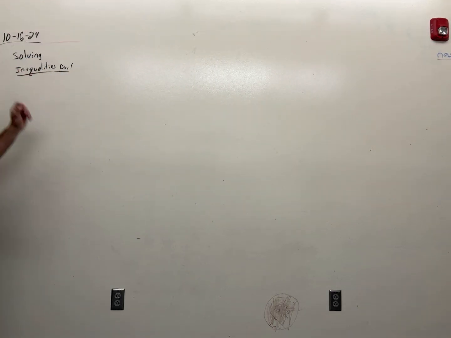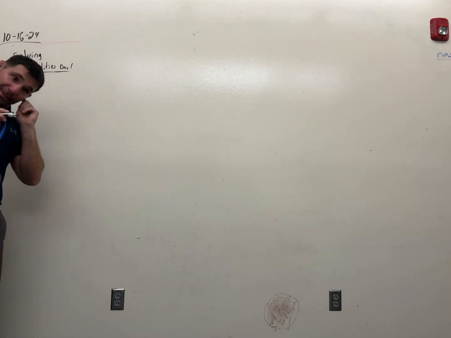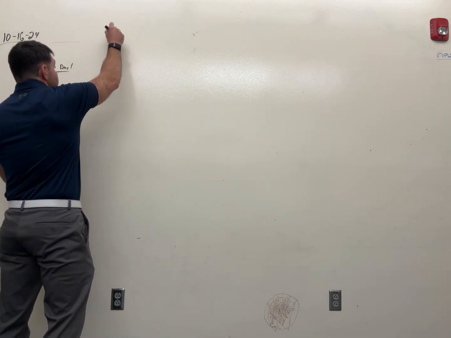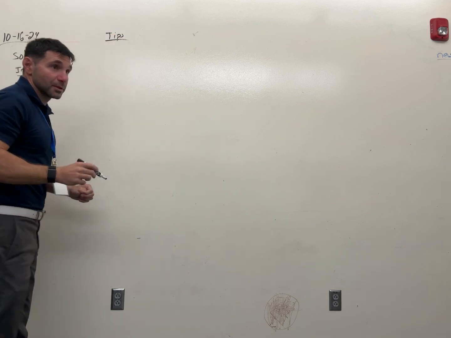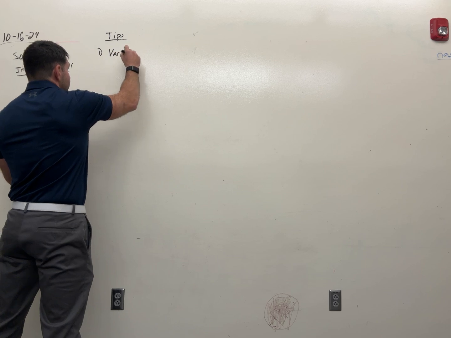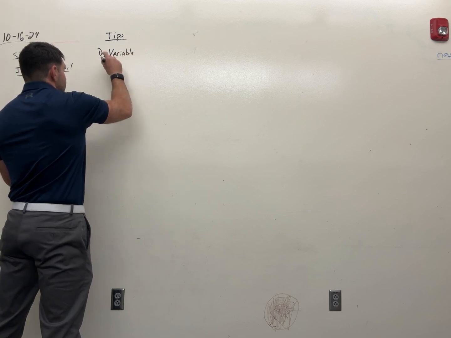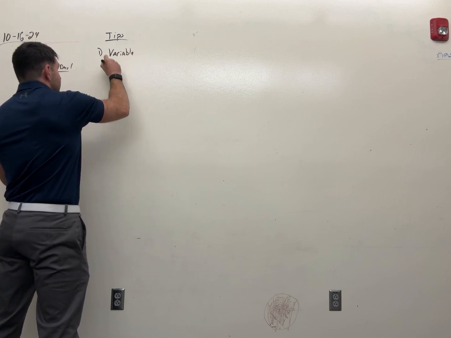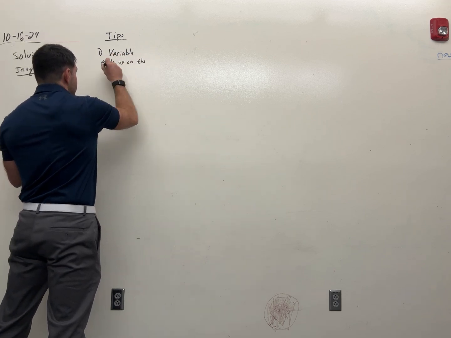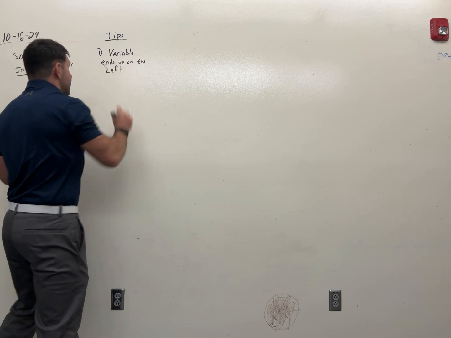So, we are solving inequalities. So, tips. Number 1: the variable ends up on the left. That's tip number 1.